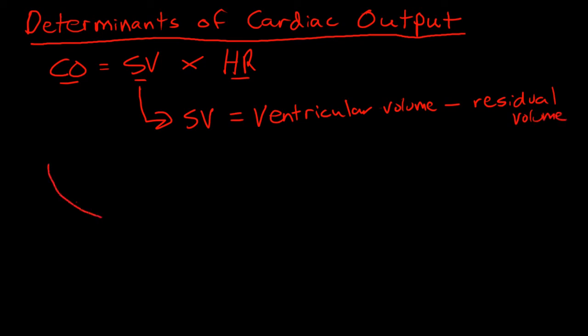If we have a left ventricle here, the stroke volume is going to be equal to the amount that's ejected from the ventricle, and that is going to be equal to the amount that fills the ventricle minus the amount that's remaining after ventricular contraction. So that's the residual volume, this is the total volume, and this here is the stroke volume that actually gets ejected from the ventricle.